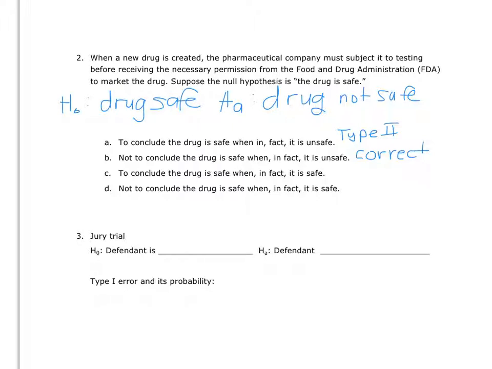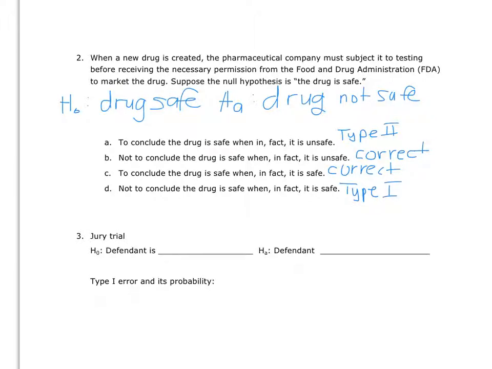That's also a correct outcome. And part D, not to conclude the drug is safe when in fact it is safe. Okay, so this is an error. We are rejecting the null hypothesis, but the null hypothesis is actually true. The drug is safe. That is a type 1 error.